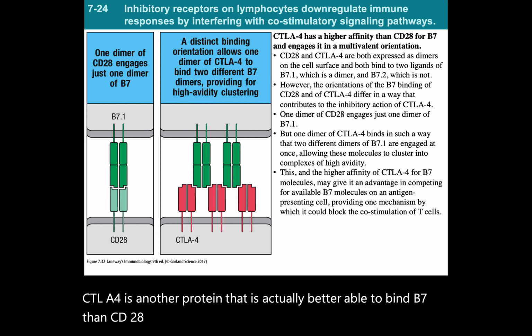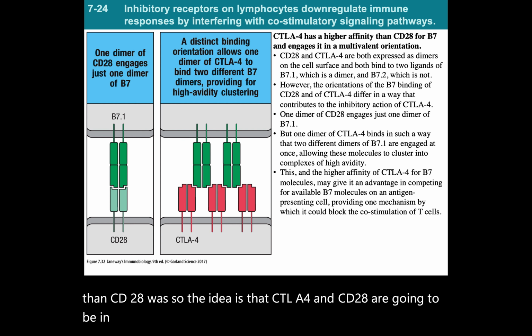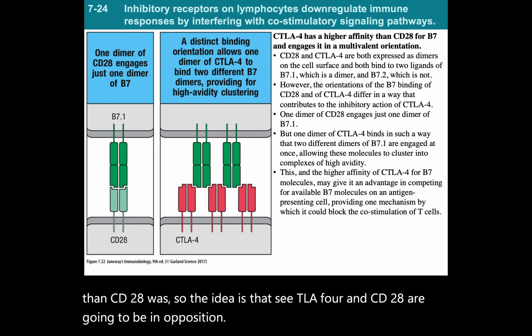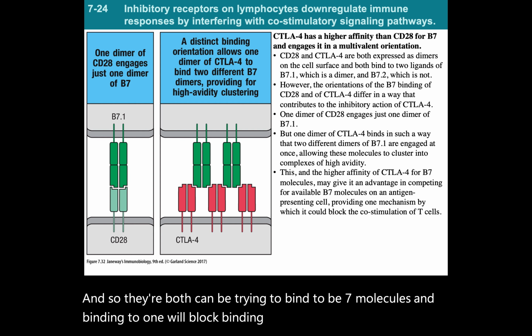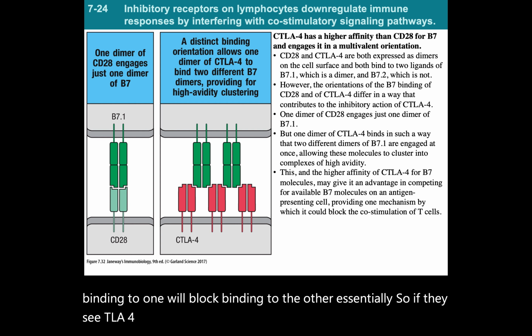So the idea is that CTLA4 and CD28 are going to be in opposition. They're both going to be trying to bind to B7 molecules, and binding to one will block binding to the other essentially. So if there's CTLA4 around, it will actually prevent binding to CD28.